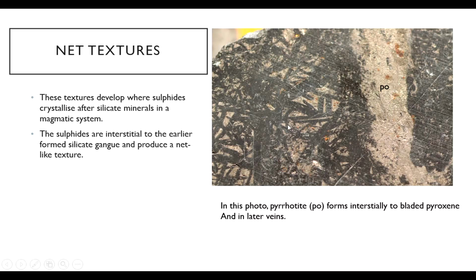So here we have nice bladed pyroxene forming this coarse network intergrowth, and interstitial to it we have the later pyrrhotite that's formed between those grains, because it forms later in that igneous system. Remember, usually the metals are one of the last things in the magma, and so they've crystallized after the pyroxene and filled up the leftover space. So that can be described as a netted texture.